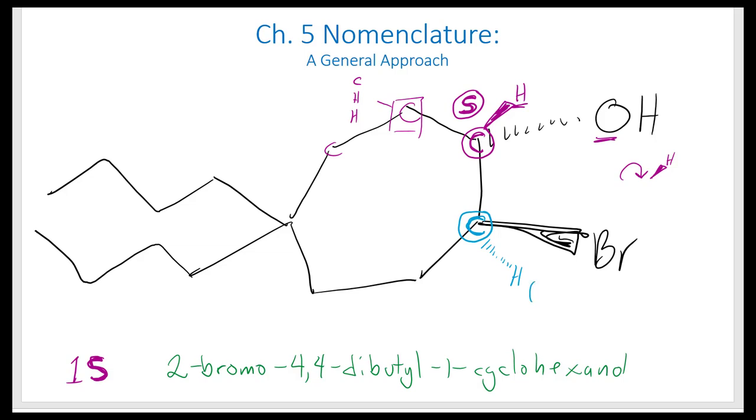That's automatically going to be the lowest priority. We have a bromine that's going to be the highest priority because it's got the highest atomic number. And then we have a pair of carbons. We have the other chiral center up here, and then we have this CH2 group that's in the ring.